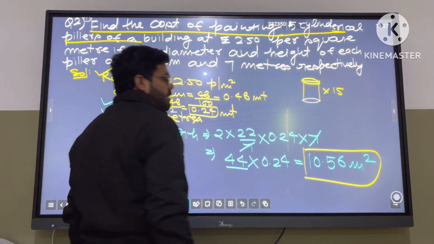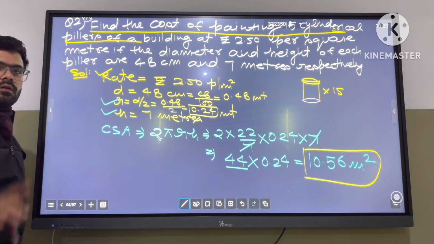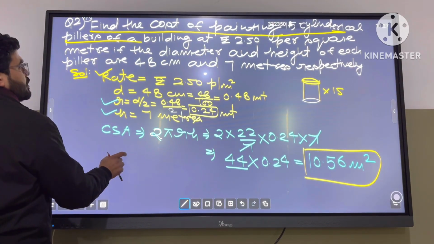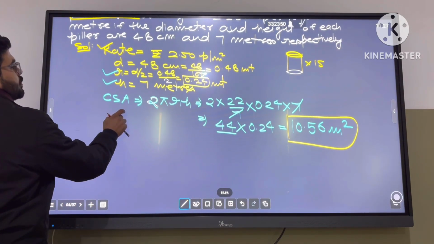This is the curved surface area of one cylindrical pillar only.